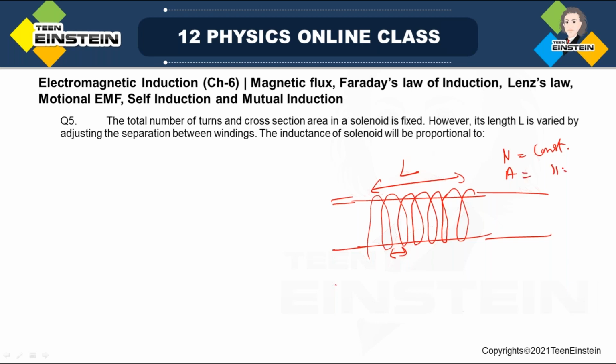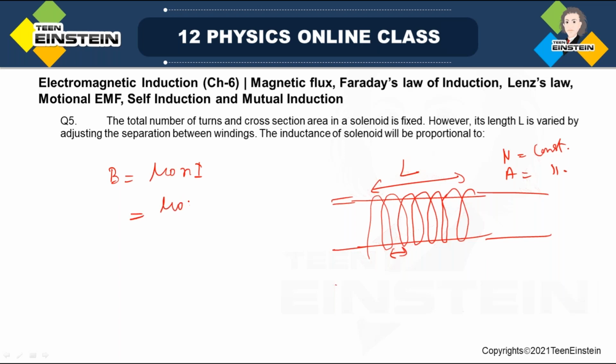Now I have to find out the inductance of the solenoid, which will be proportional to what. Let us see for a solenoid, we know B is given as mu0 n I. What is this mu0?